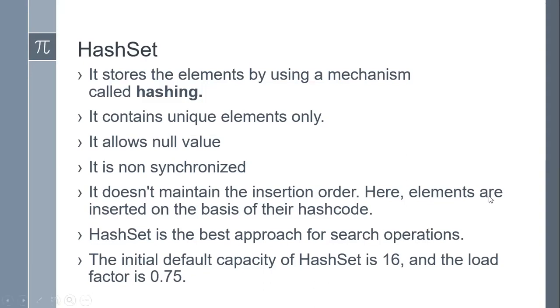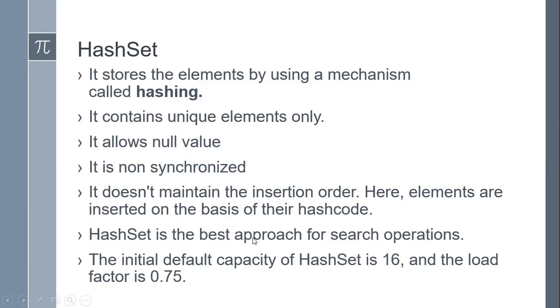Here, the elements are inserted on the basis of their hash code. Earlier, we discussed LinkedList and ArrayList that maintain the insertion order, but HashSet won't maintain the insertion order. It maintains the order using their hash code.